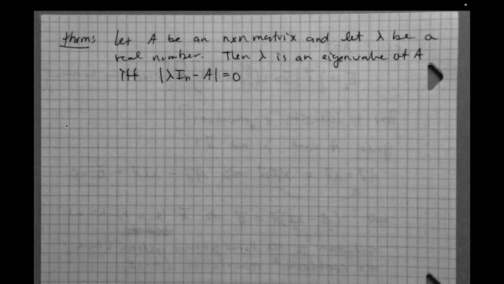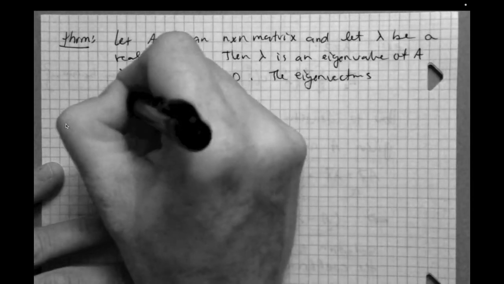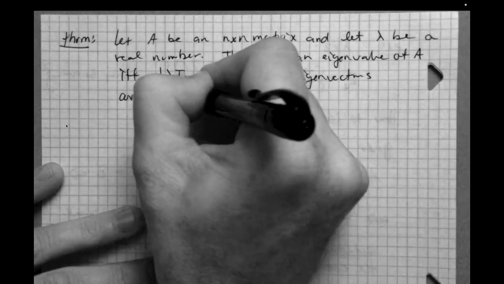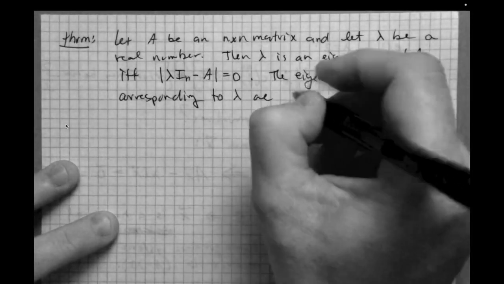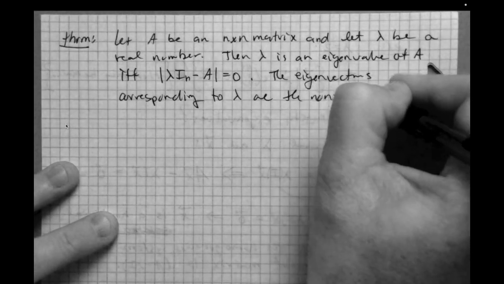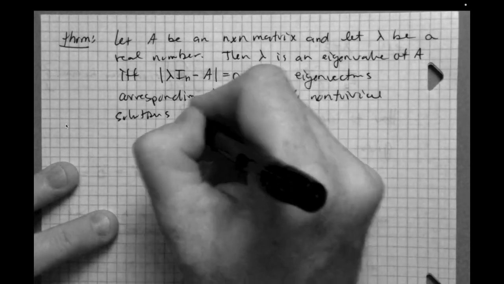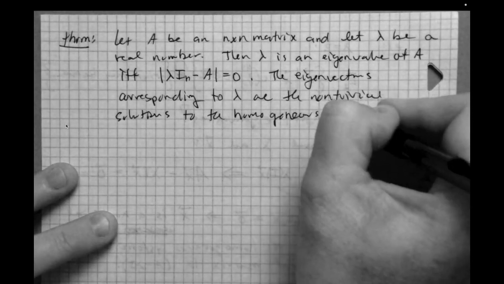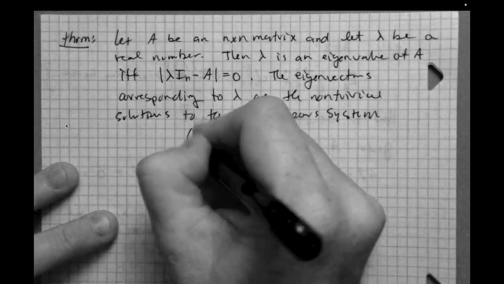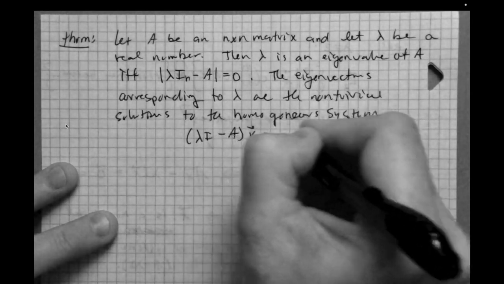The eigenvectors corresponding to lambda are the non-trivial solutions to the homogeneous system, which we talked about just a moment ago, lambda I minus A times x equals 0.